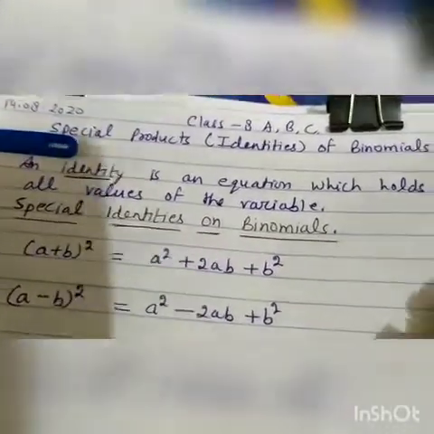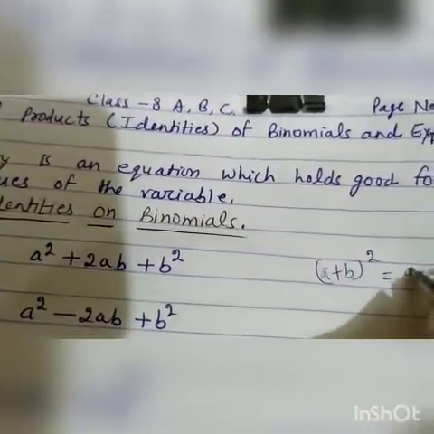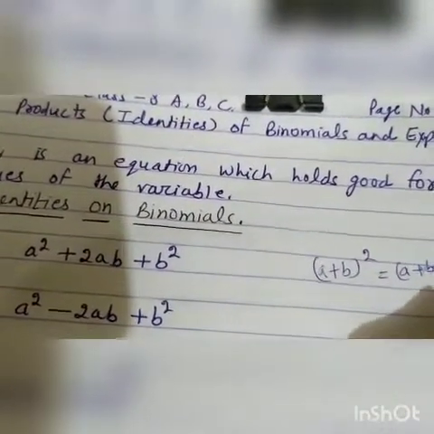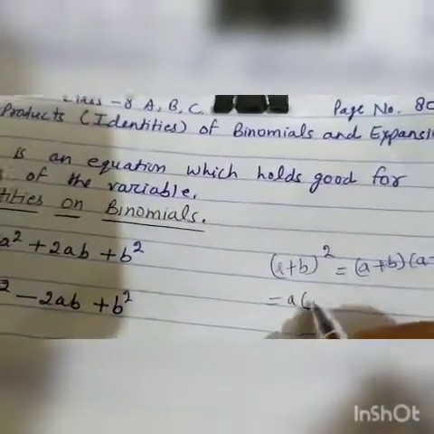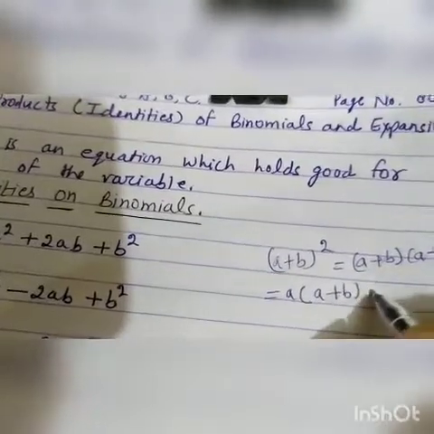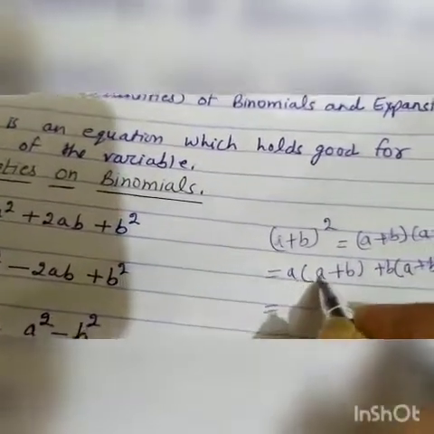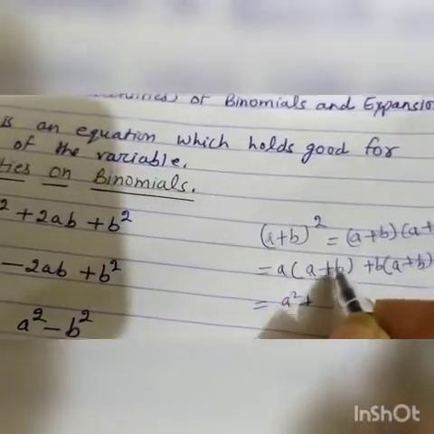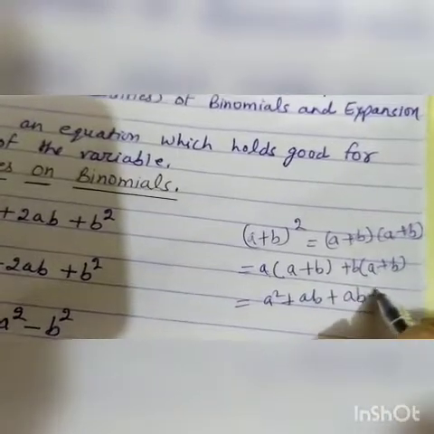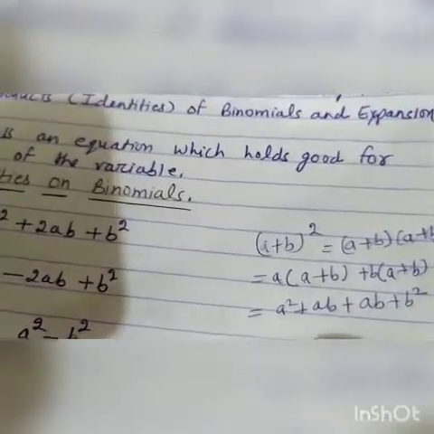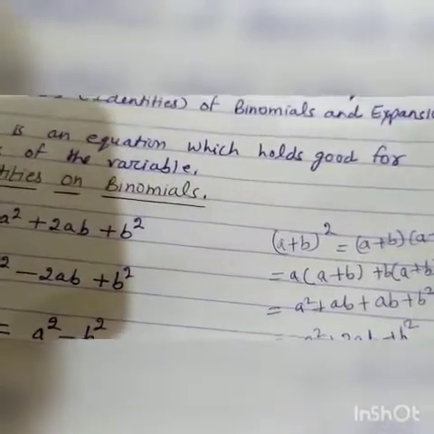(a plus b) whole square means we have to multiply (a plus b) two times. It means if we multiply (a plus b)(a plus b), it will be a square plus ab plus again ba plus b square, that is a square plus 2ab plus b square.